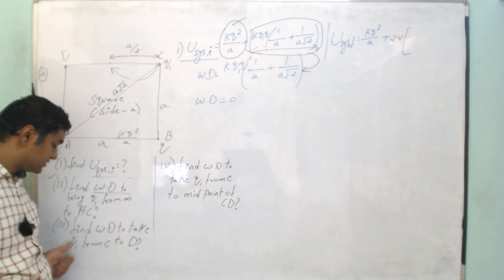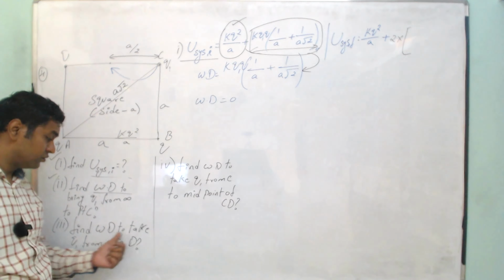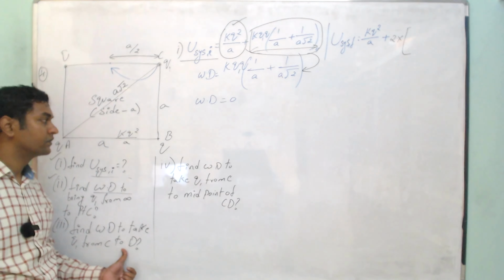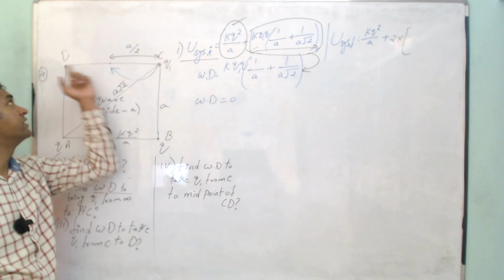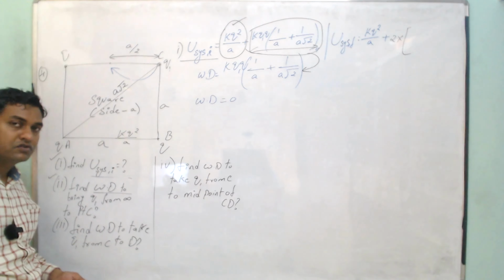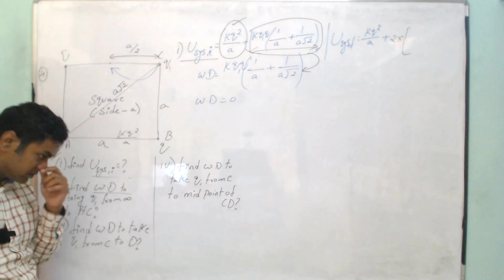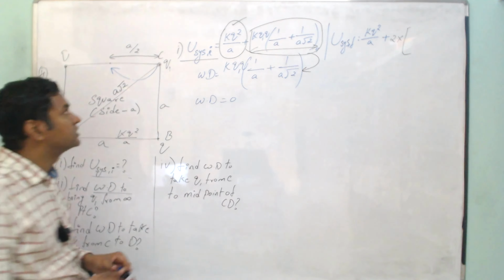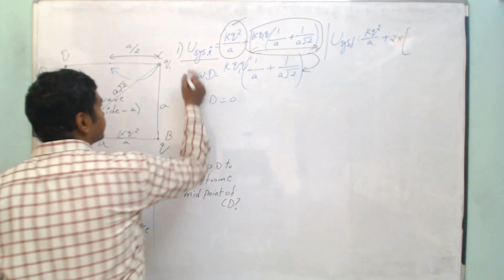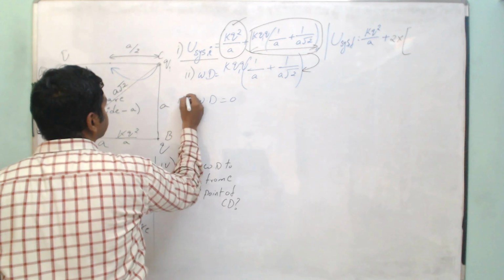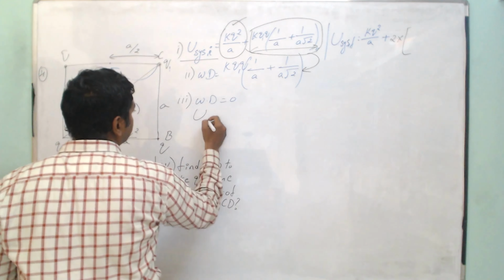Third bit is to find the work done to take Q1 from C to D. So there you identified that due to symmetry, everything is in fact the same. So the change in energy is going to be 0.